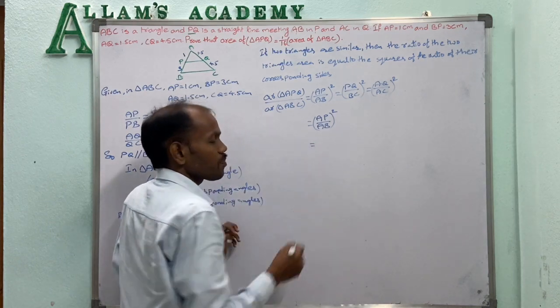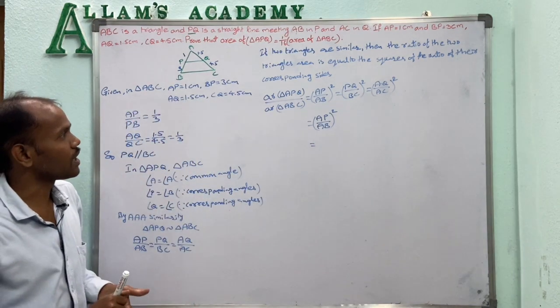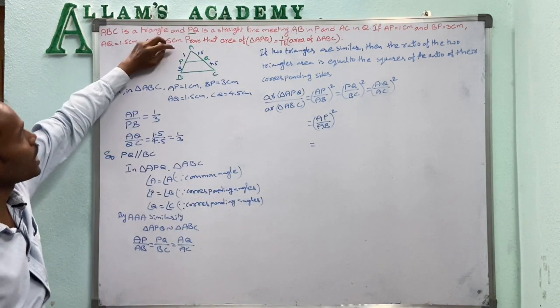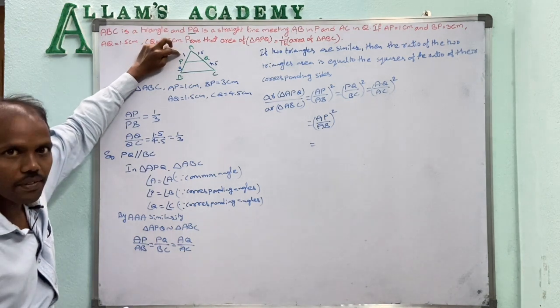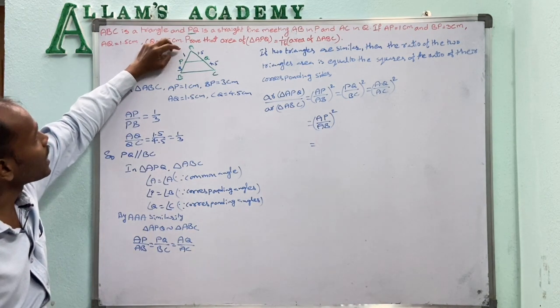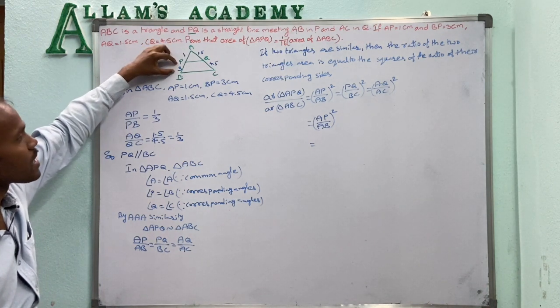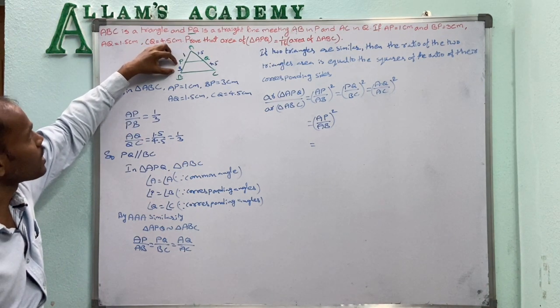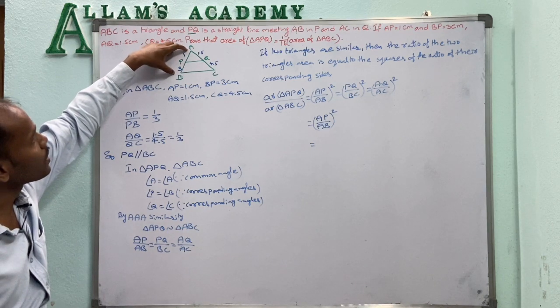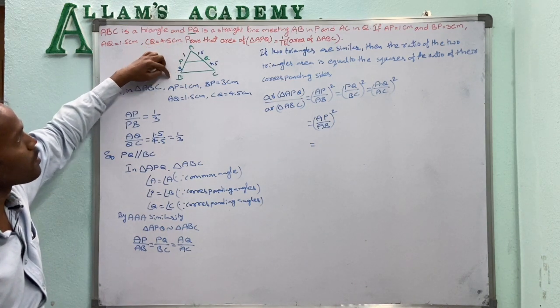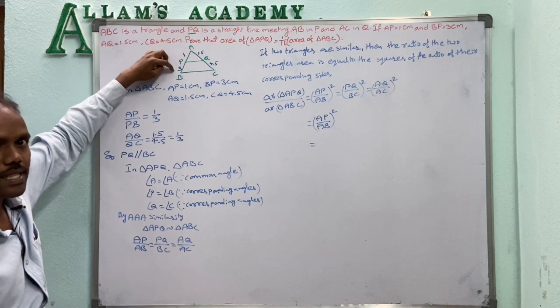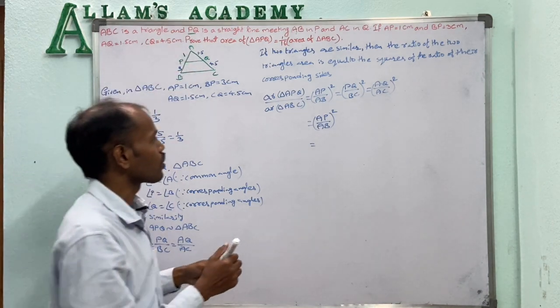Now we know the measurements of AP and AB. AP measurement is 1 centimeter given and AB measurement is not directly given, but PB measurement 3 centimeters is given. That means AB is AP plus PB, equal to 1 plus 3, that is nothing but 4.